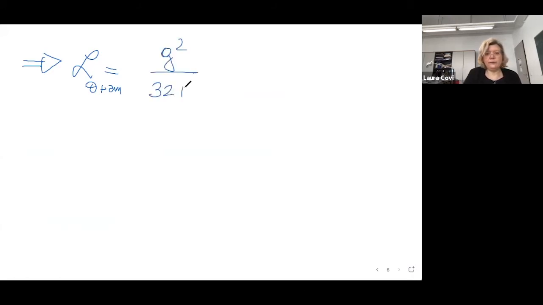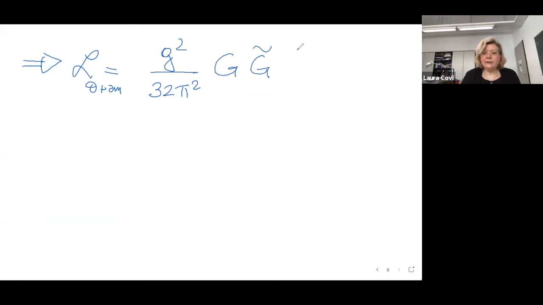So at the end, putting all things together, we have the following Lagrangian. We have the theta term plus this anomaly term, so we have in total the coupling: G square over 32 pi square. By the way, I choose this value on purpose because this is actually the contribution to the anomaly for one chiral fermion, so this is why I have this quantity here in front.